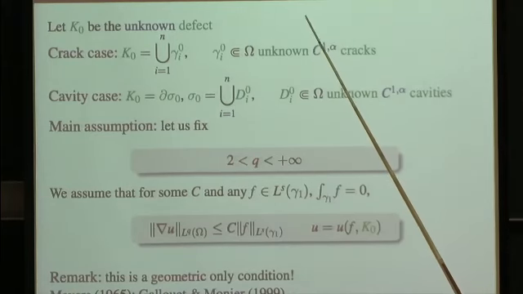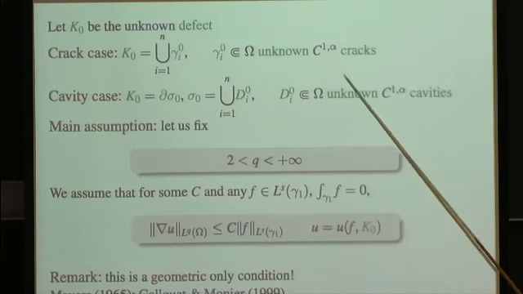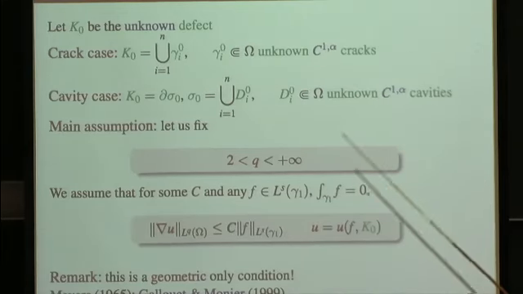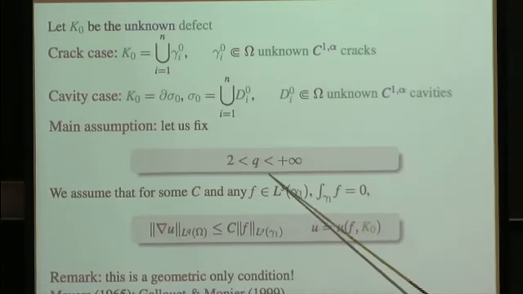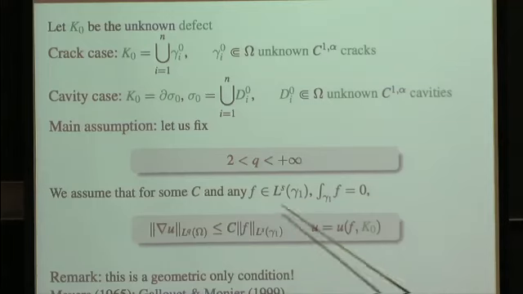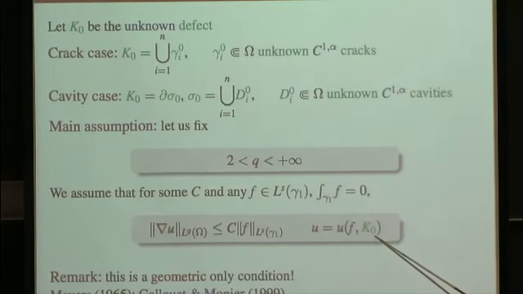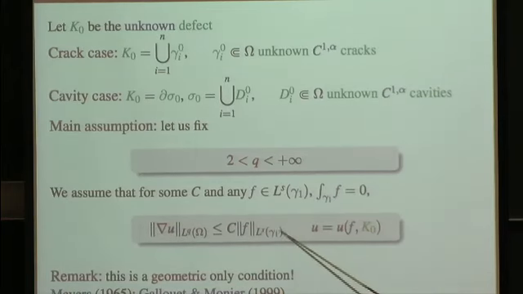So I need some hypotheses on the defect, which are very simple. I need some kind of C1 or C1 alpha regularity. And this main assumption is the following. I need to find a Q which is strictly greater than 2, such that the solutions to the forward problem with this defect K naught satisfy this higher integrability condition.